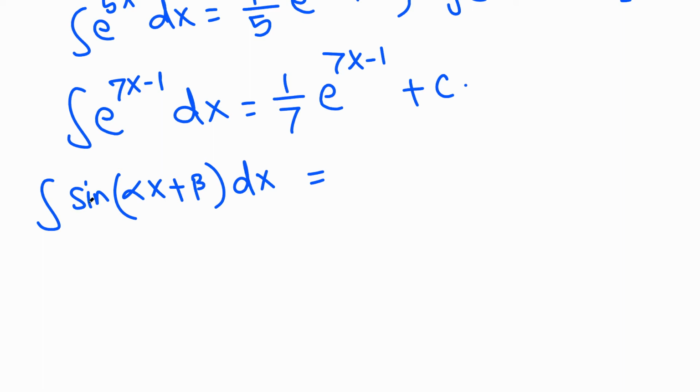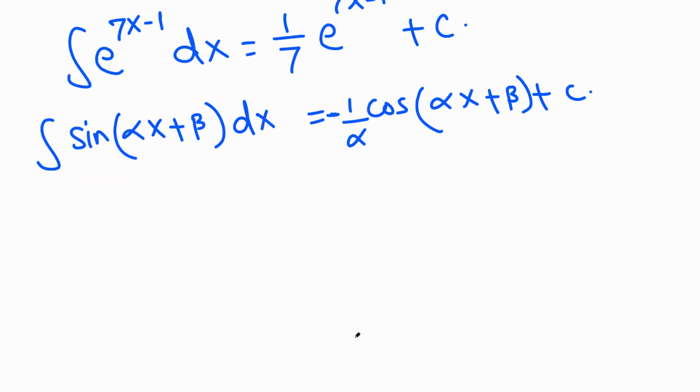But this is so simple, we can just say, oh, the antiderivative of sine is negative cosine of alpha x plus beta, and we just have to divide by alpha, minus 1 over alpha, as long as alpha is not 0. Note that this should be only x, not x squared.